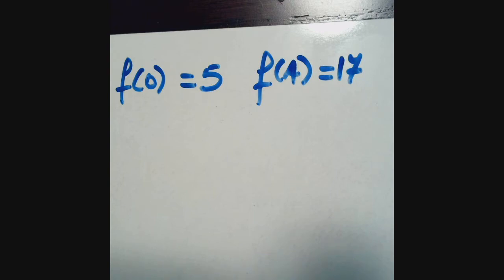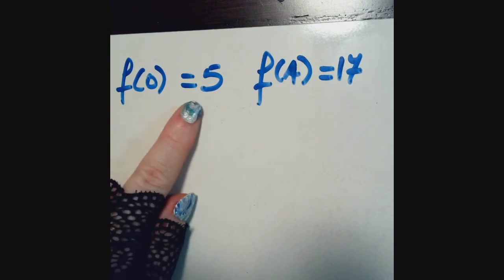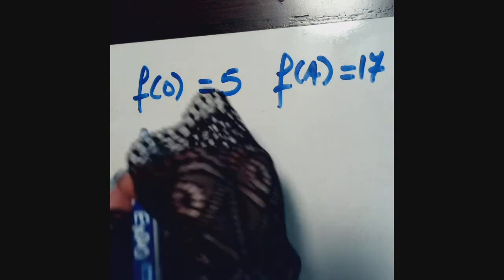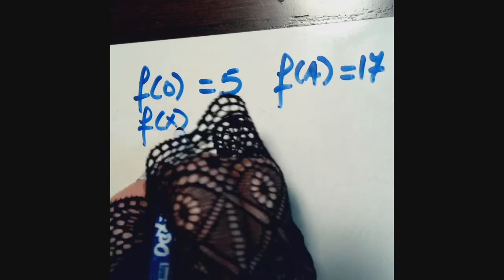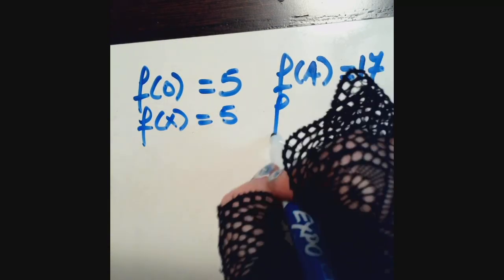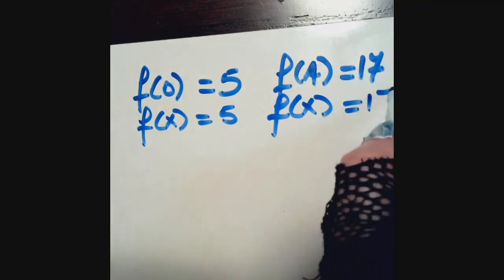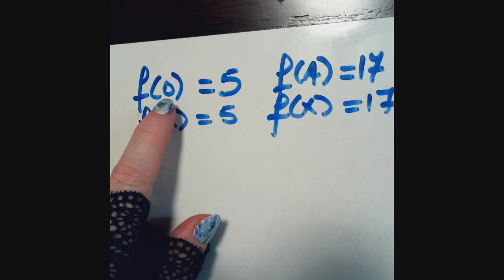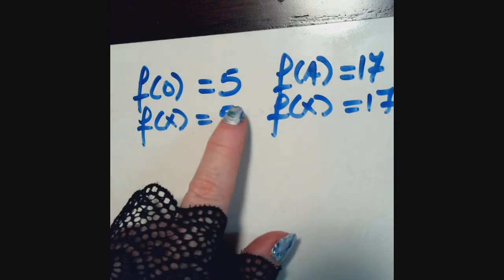So this is going back to understanding functional notation, which we went over. So looking at the first one, what's the x and what's the y? I hope you remember when we did functional notation, it looked like this. So this is the x. So the first one, the x is 0 and the y is 5.